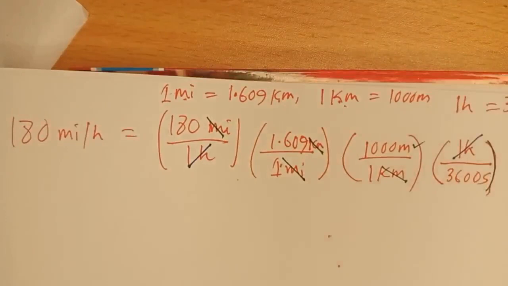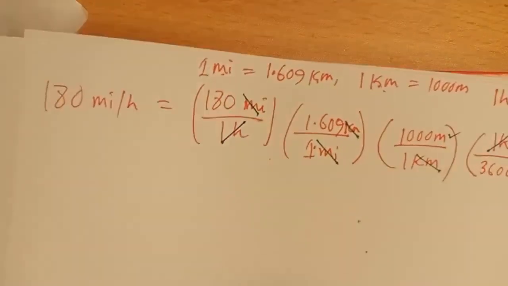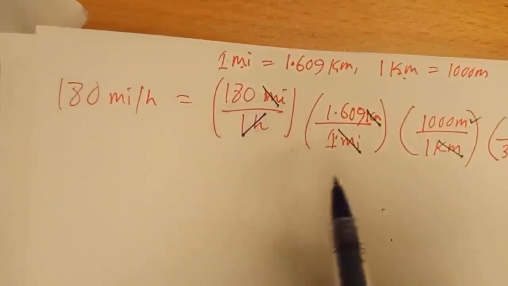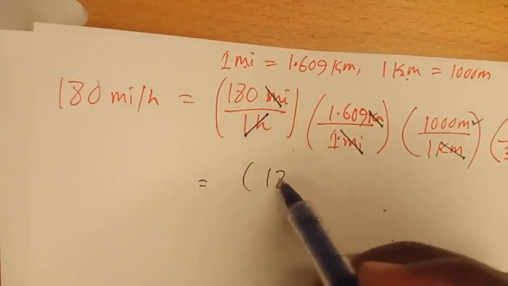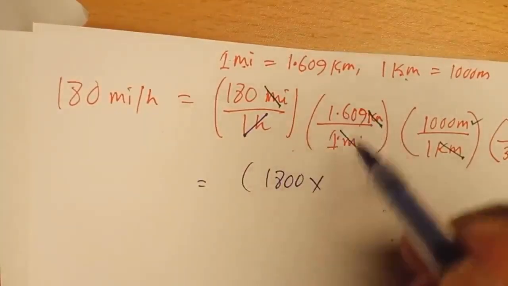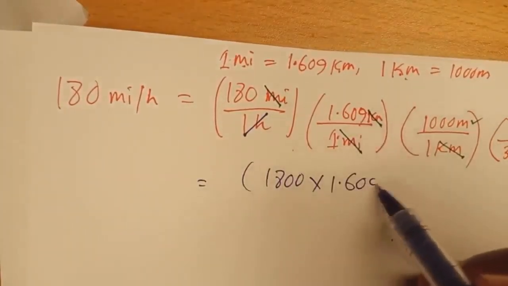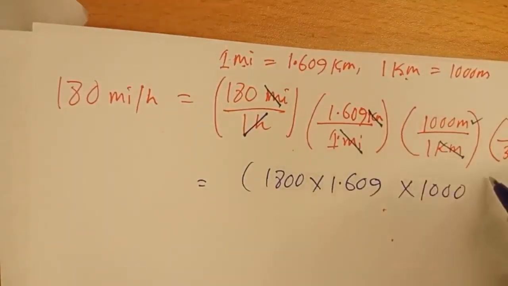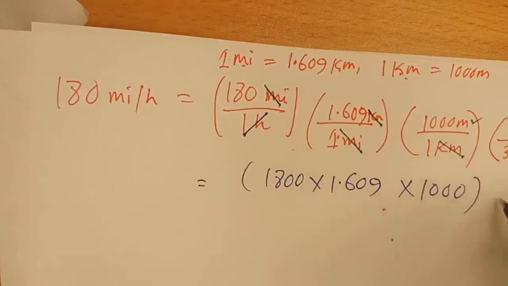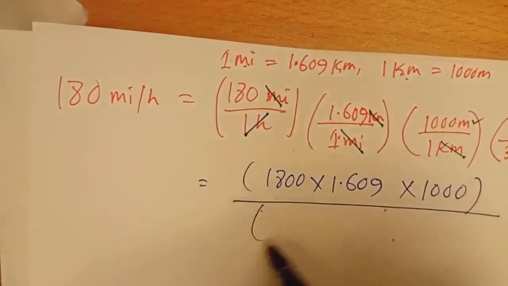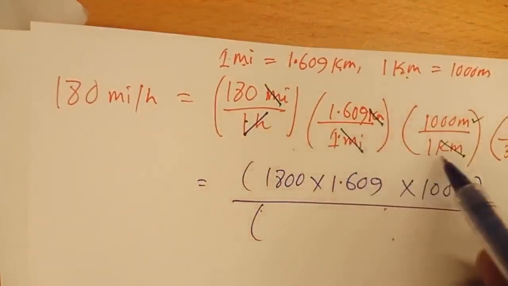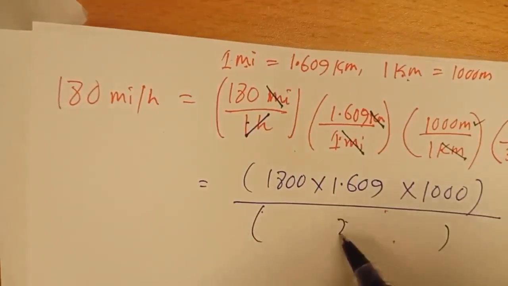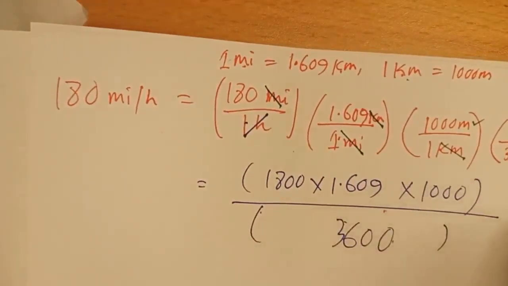So at the end I will have meter per second. What I will do now is take my calculator and say 180 times 1.609 times 1000 in the numerator, and divided by, in the denominator, everything cancels, I only have 3600. Now it is in meter per second.